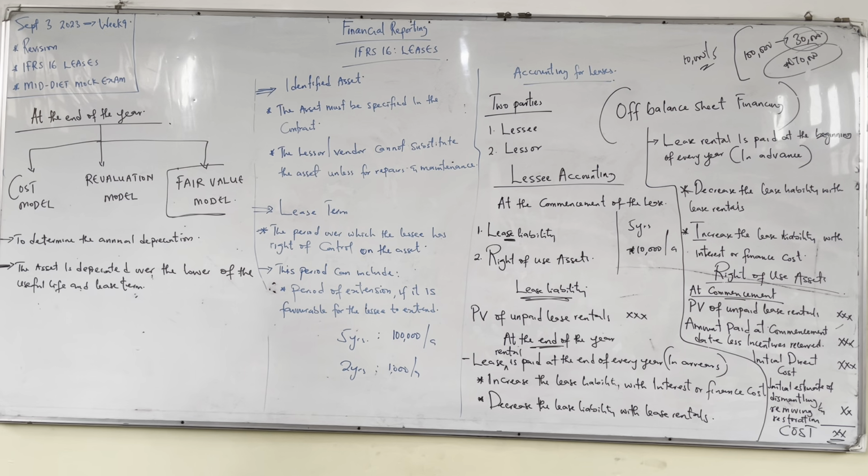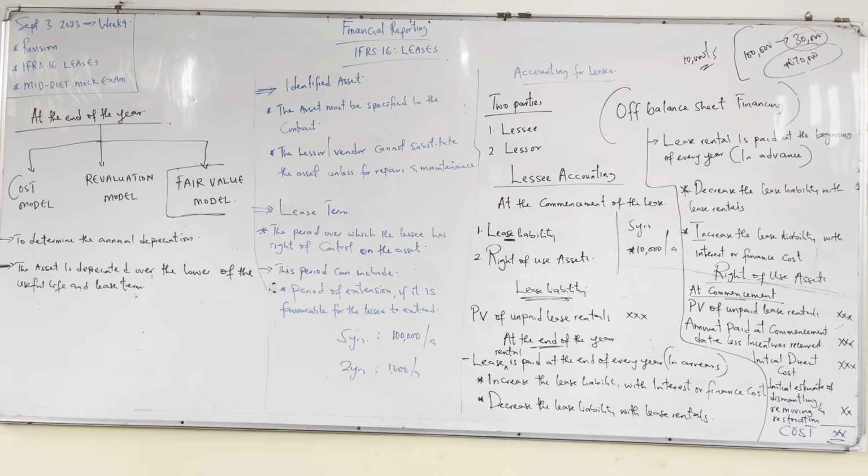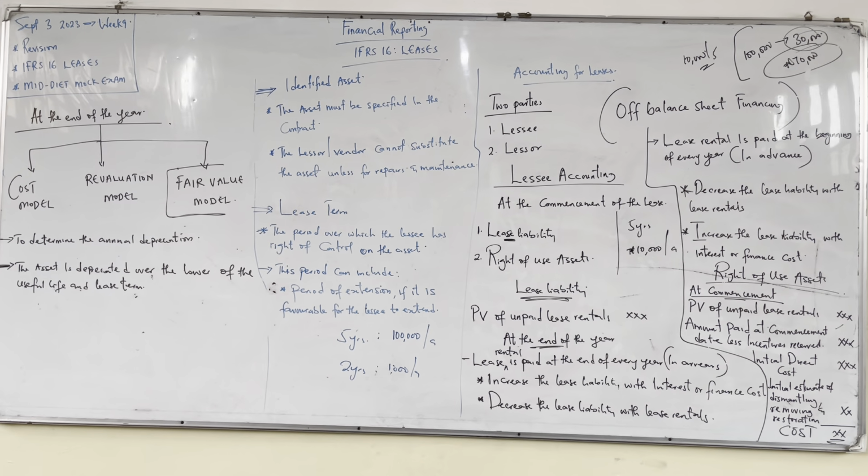So we just consider the lower between the two, and we are going to depreciate it over that period. That's what a lessee is expected to do whenever he enters into a lease arrangement.